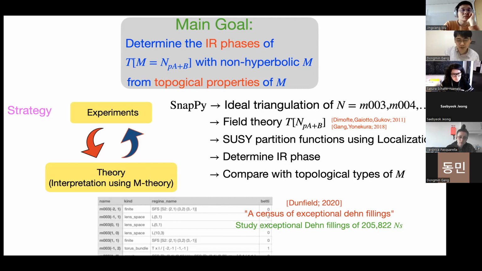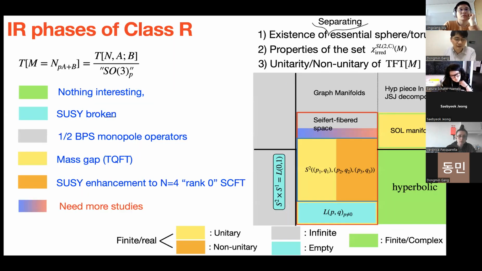Okay, and then let me give the final answer we found. In these cases, the IR phase of the class R theory can have these kinds of phases. In some cases, nothing interesting happens, and it always corresponds to hyperbolic cases.